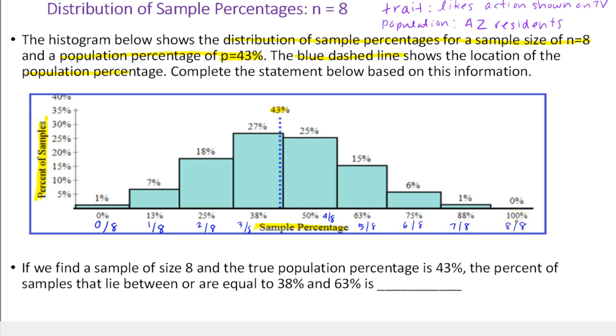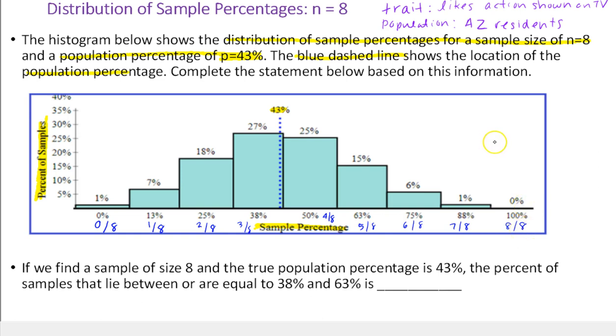If you ask 8 people that are Arizona residents, say we get a simple random sample of 8 people, do you like action shows on TV? Either 0, 1, 2, 3, 4, 5, 6, 7, or all 8 of them will say yes, and these are the fractions you can get. And these percentages are these fractions rounded to the nearest whole number. Now notice it says 0% of all possible samples will give you 100%.